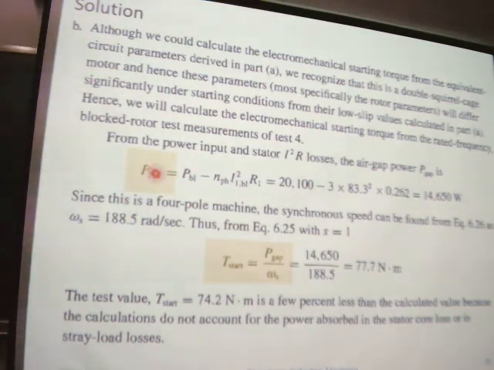Using the air gap power, we can get the starting torque, just dividing by the speed of the rotor. So it's 77, about the measured value. The measured value is 74.